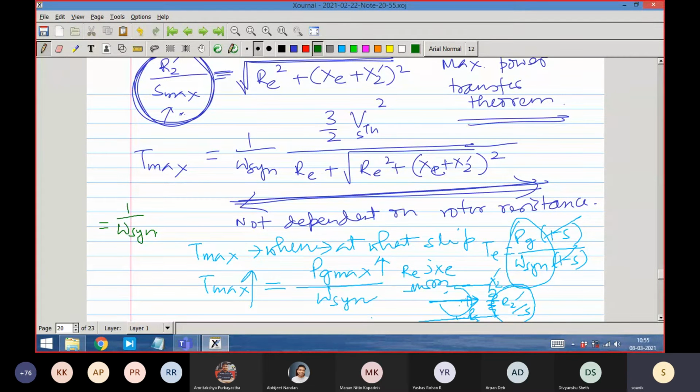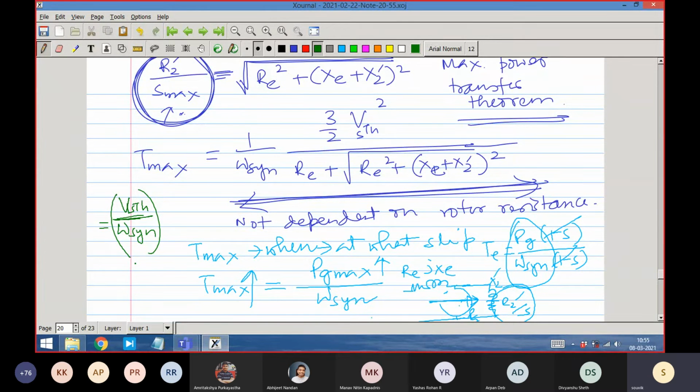So what we have to do is apply this VSTH by omega sin, this ratio we maintain constant. This is essentially the expression of the flux. You may multiply omega sin by P by 2, but essentially this ratio implies the expression of the flux. So if we keep the flux value constant while changing synchronous speed, what is going to happen? That's what we are now trying to see.